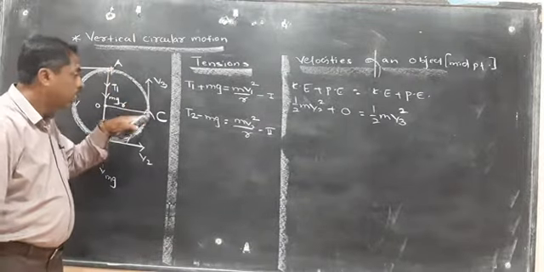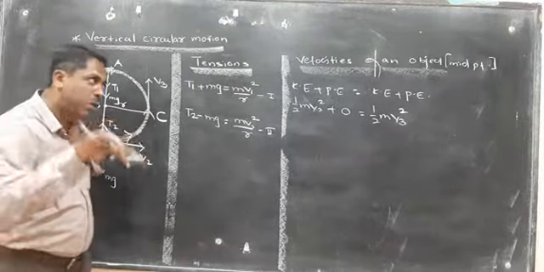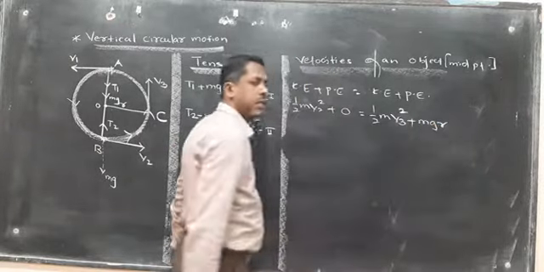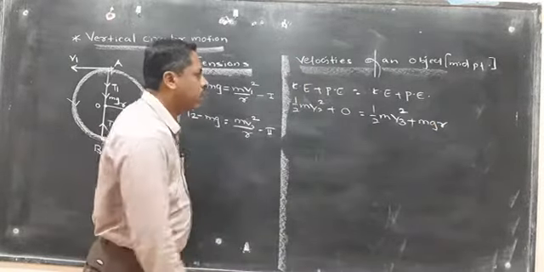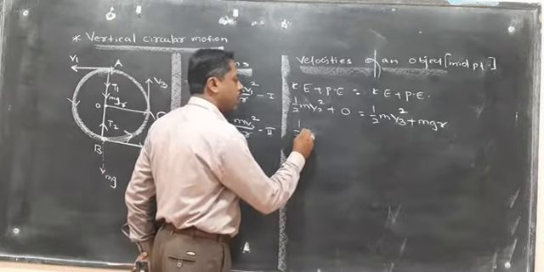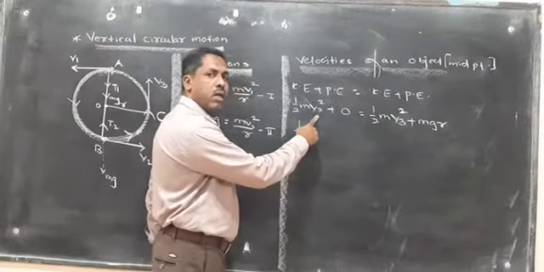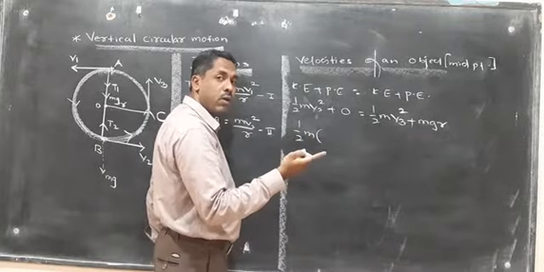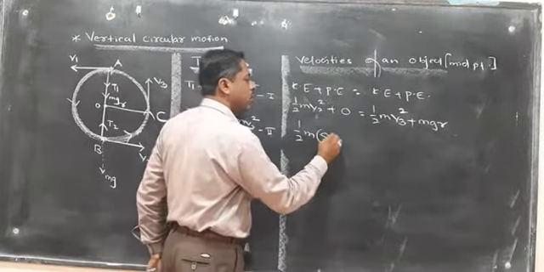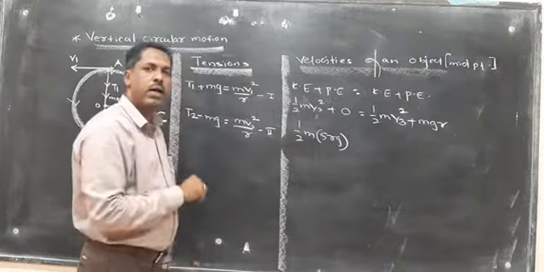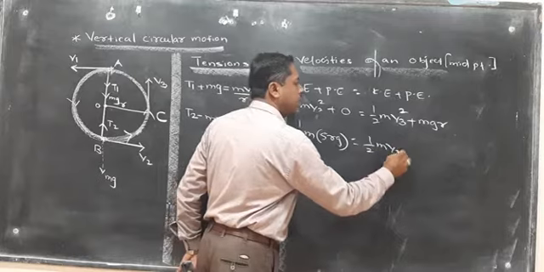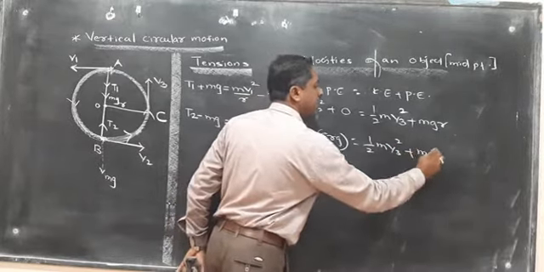At point C, the midpoint, it has certain potential energy, mgr. So what can we write here? 1/2 m v2 square. We have just calculated the value of v2, that is under root 5rg, so v2 square becomes only 5rg. 1/2 m v3 square plus mgr.